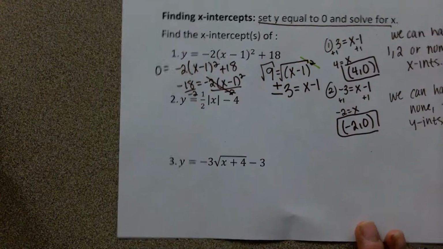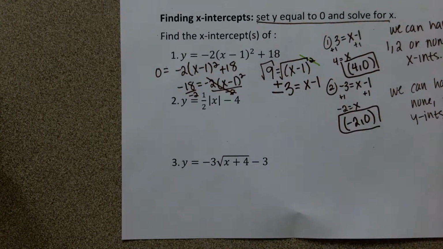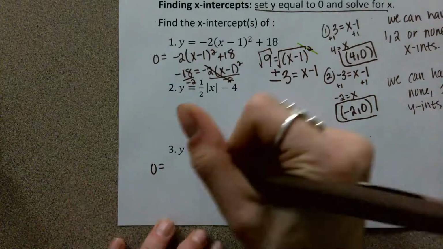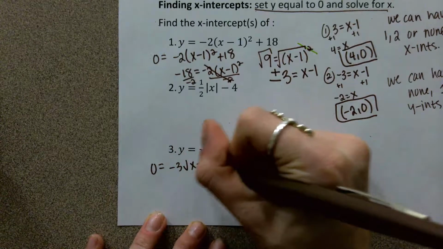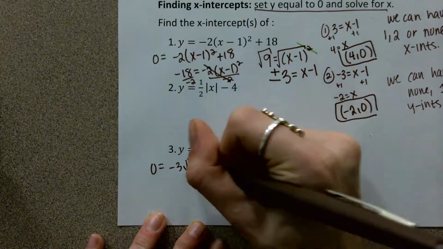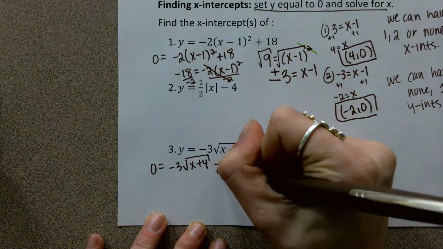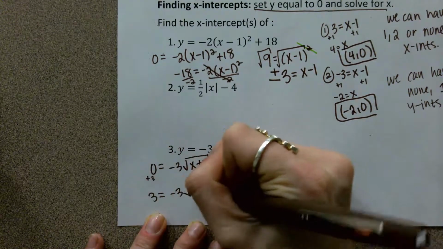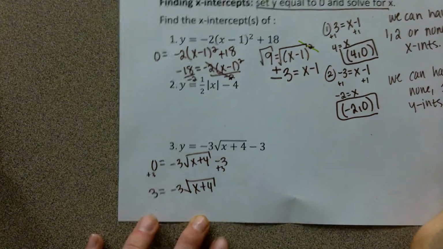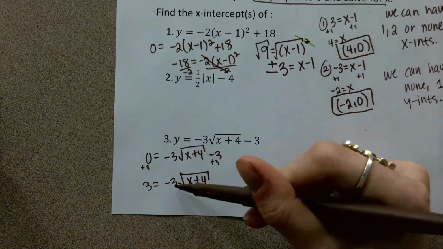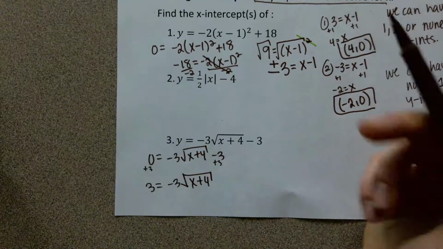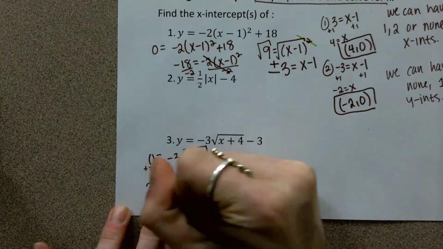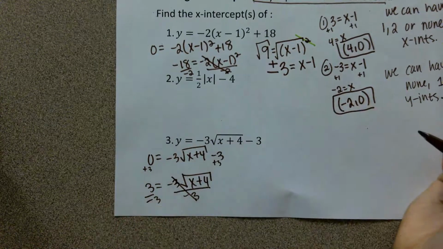All right, I'm going to skip number 2 and do number 3. So we set y equal to 0. We have negative 3 square root x plus 4 minus 3. Add 3 over. So we have 3 equals negative 3 square root x plus 4. Okay, we need to divide this, not add it. These are being multiplied. So we're going to divide by negative 3 on both sides to get rid of that.